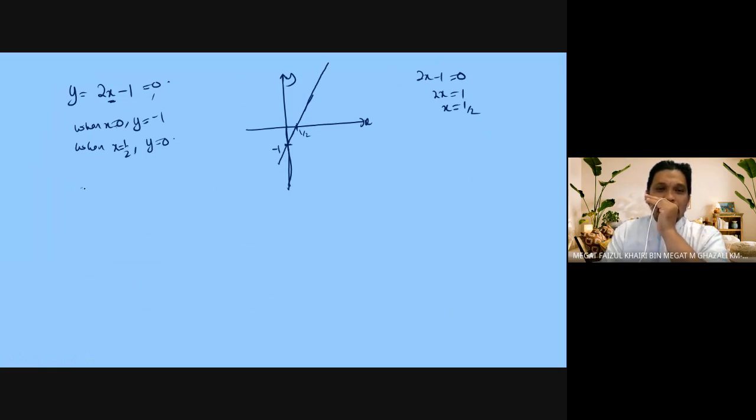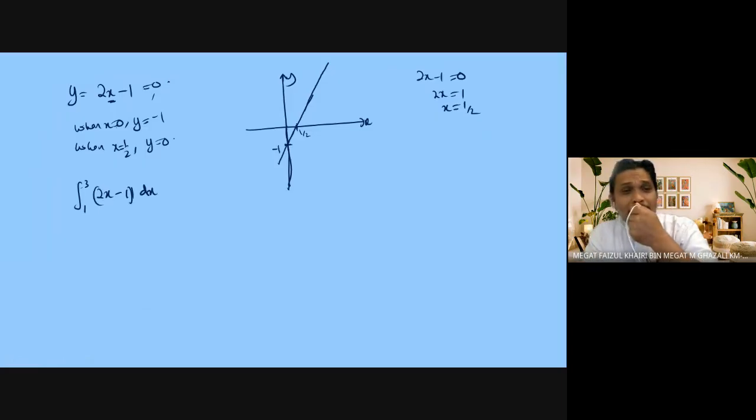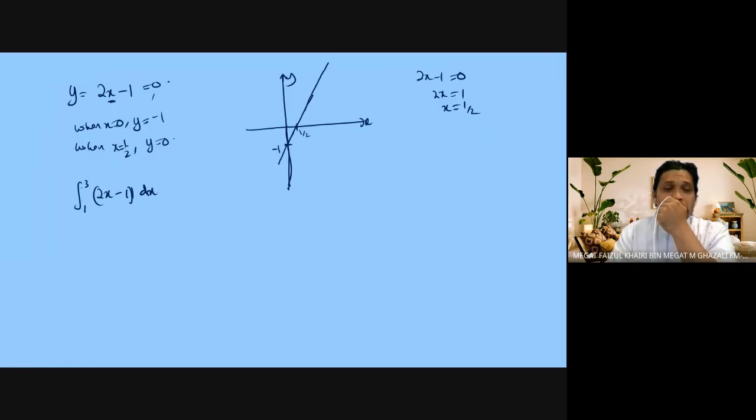Let's say the question wants you to find the integral from 1 until 3 of the function 2x minus 1 dx. Integral of 2x minus 1 dx from x equal to 1 until x equal to 3. Are we talking about this point? X equal to 1, this coordinate?